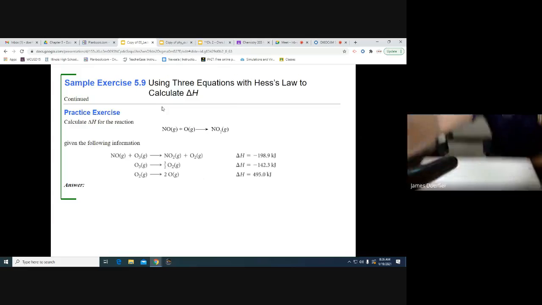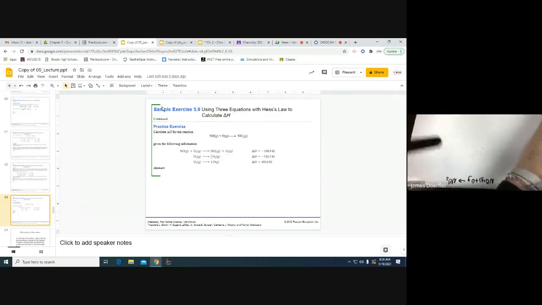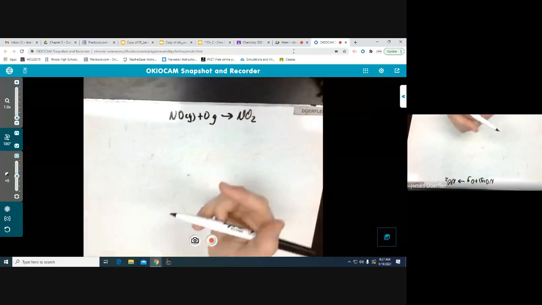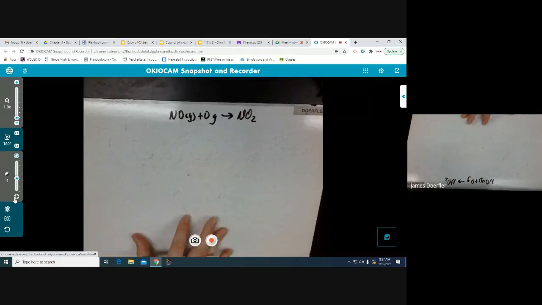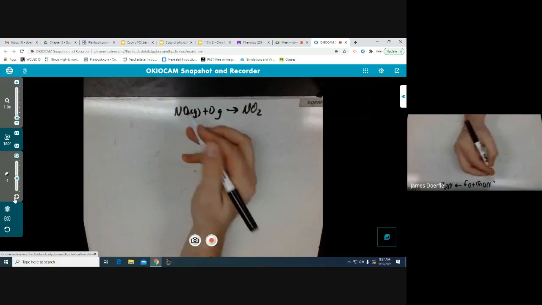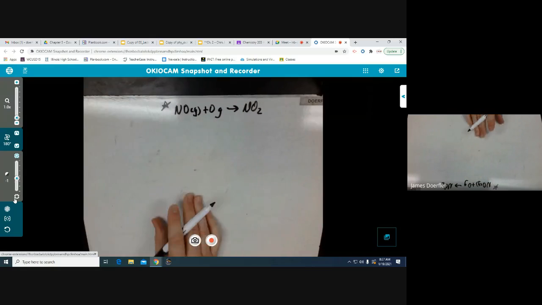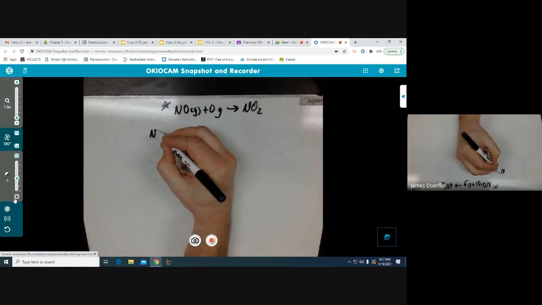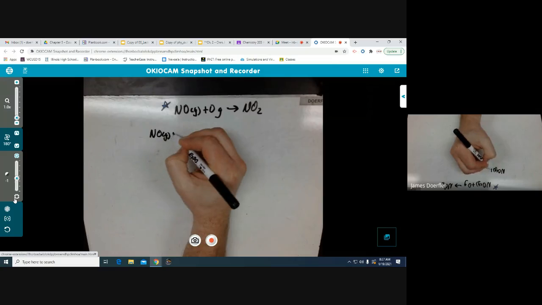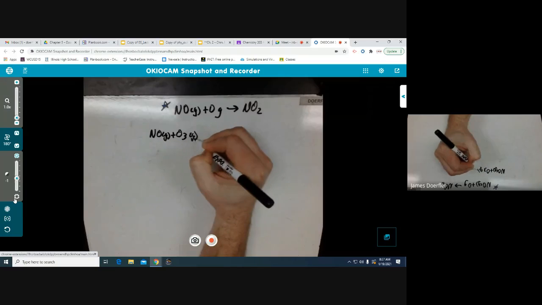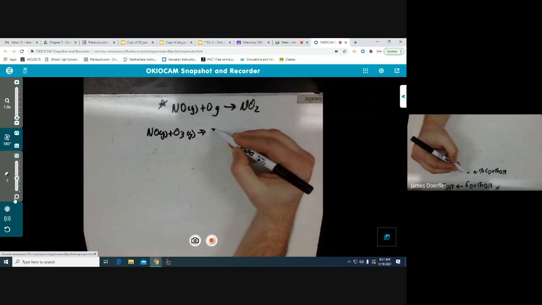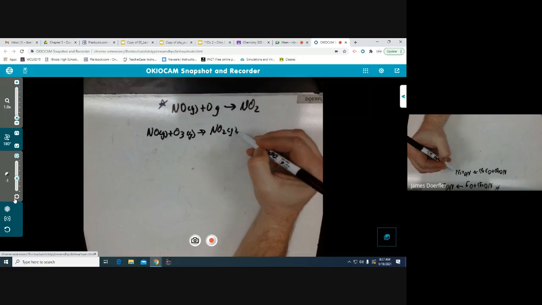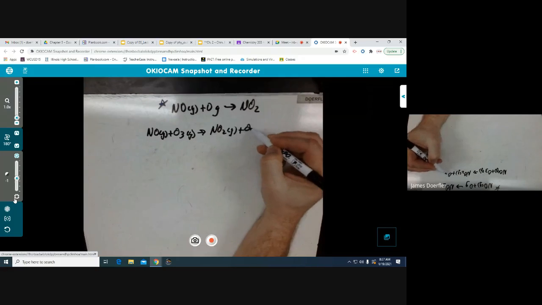Again, sorry, you're going to have to come along with me as I rewrite this. Okay, so I might need to dim this a little bit. So again, this is our target equation. I'm just going to put a little star there. So again, we have NO plus O3 yields NO2 plus O2.